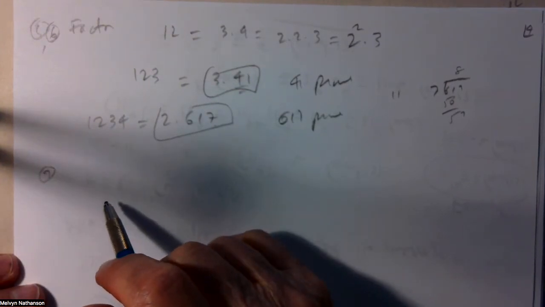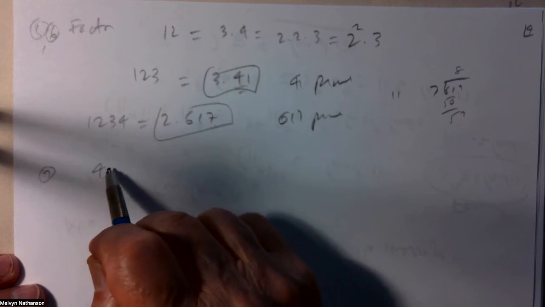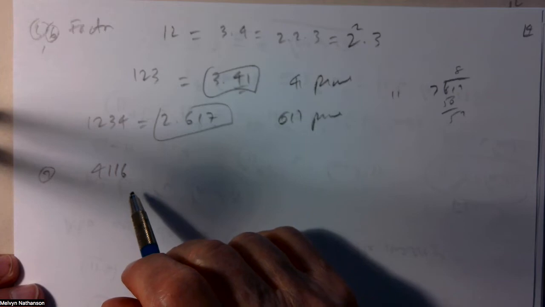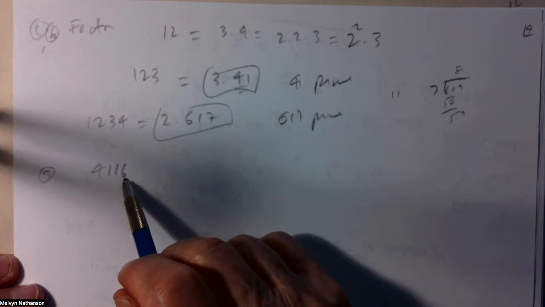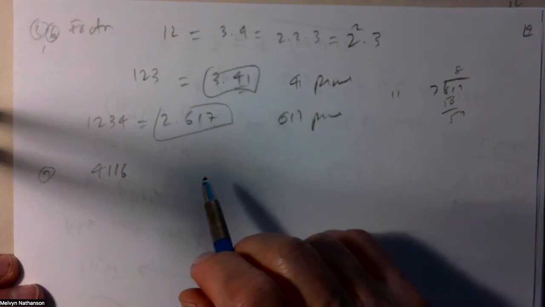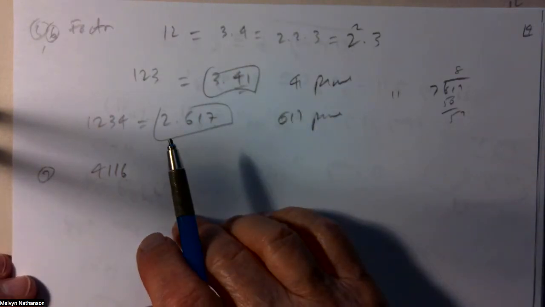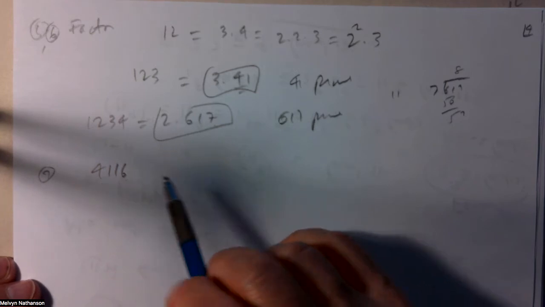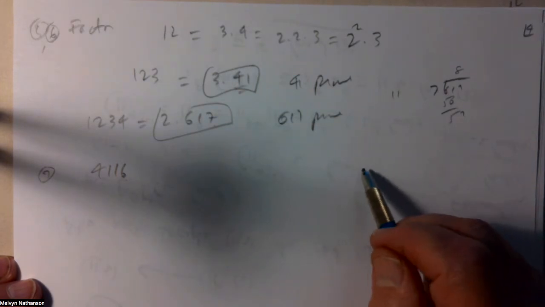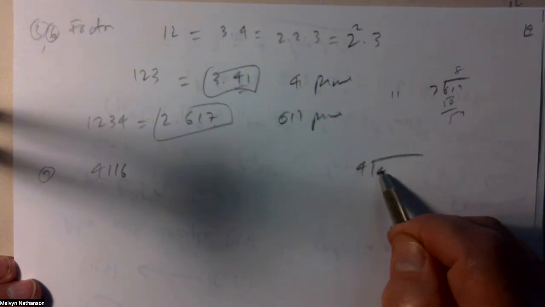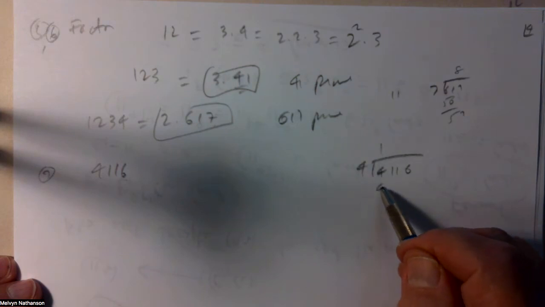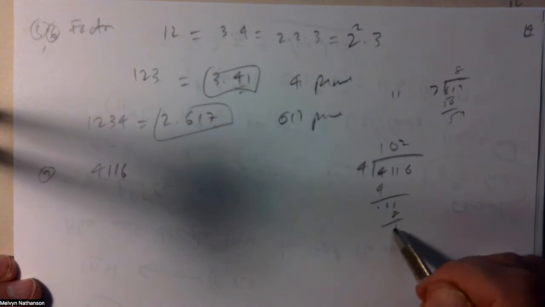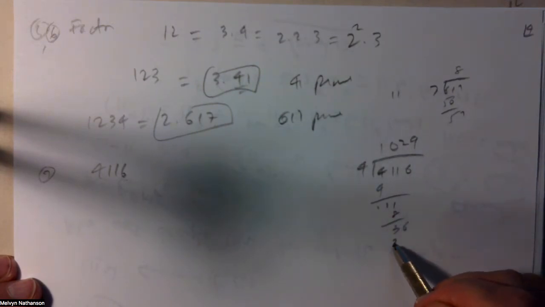We have the same problem in problem 7. We start with the number 4,116, and we want to see how often the primes 2, 3, 5, and 7 divide this number. So again, the best thing perhaps is to try to factor it. Let's see, this is certainly even. Is it divisible by 4? 4, 1, 1, 6, this goes in once, this goes in twice, 9 times.